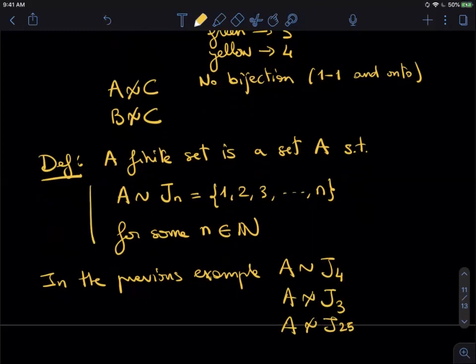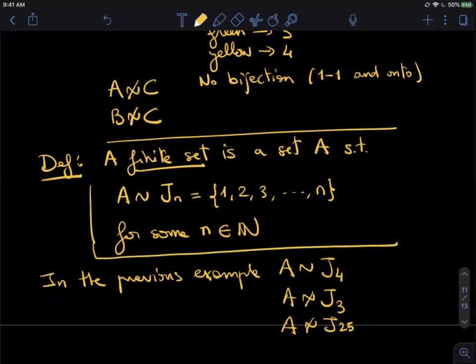So this is the definition of finite set. It's basically a fancy way of saying that it has a number of elements that we can count. It's a set that finishes, that is not infinite.